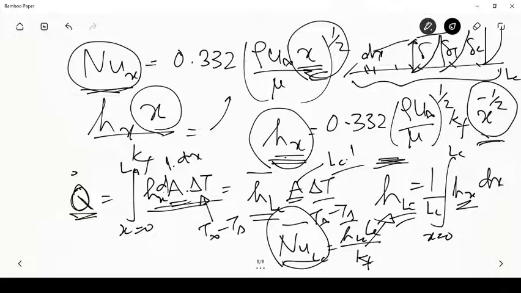Okay. In the case of Prandtl number and Schmidt number being equal to 1, the diffusivities of all three are equal, and therefore delta, delta T and delta C are all identical.